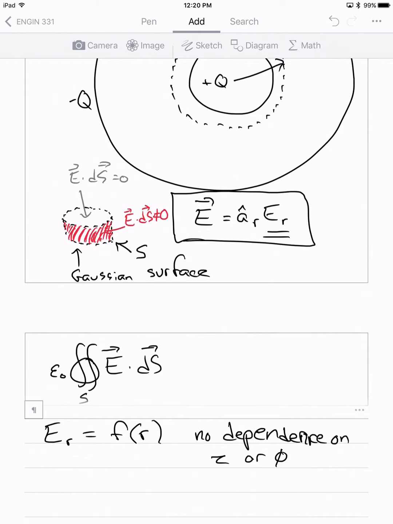Now ds is going to be r directed, and so is E. So that's going to be epsilon naught integral over the closed surface of E sub r ds. Now this is ds, not the vector, so we're just multiplying here, which is going to be equal to the Q enclosed, which is the positive charge. What is ds in our case?